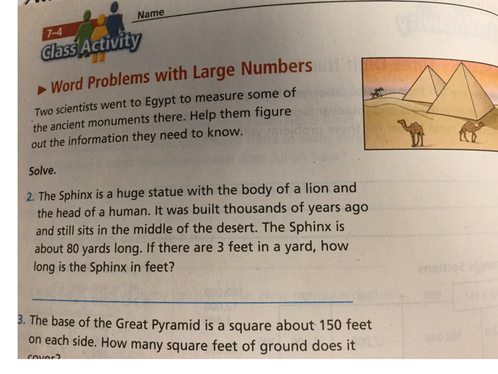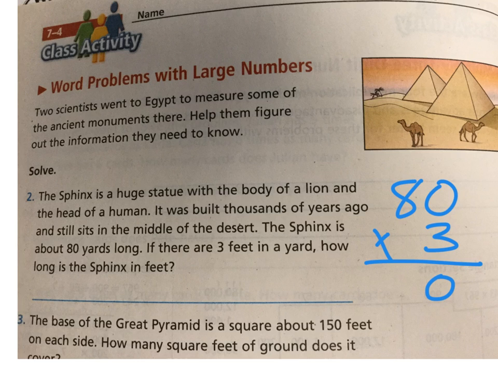I use the multiplication I know how to do. 80 yards times 3 feet for the 3 feet in every yard, and I will have the number of feet as my answer. 3 times 0 is 0. 8 times 3 is 24. 240 feet is how long the Sphinx is, which is equal to 80 yards.